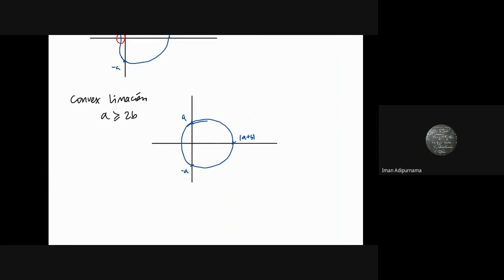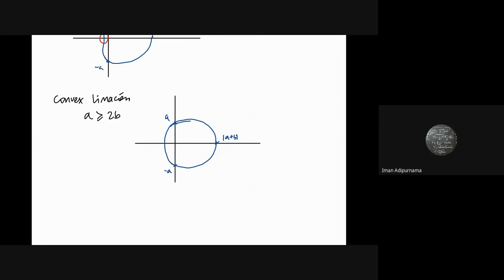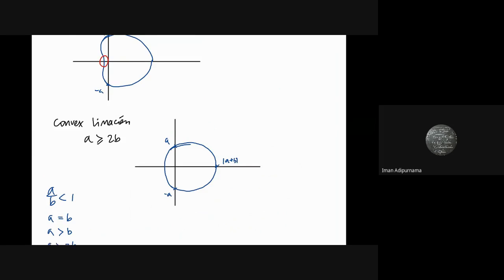So the more you increase, first A over B is less than 1, and then A is equal to B, and then A is greater than B, and then A is greater than 2B. So the greater A is, the more it becomes a circle.